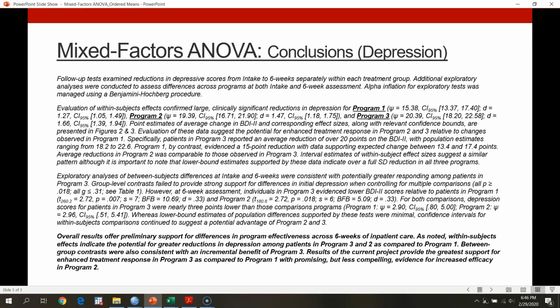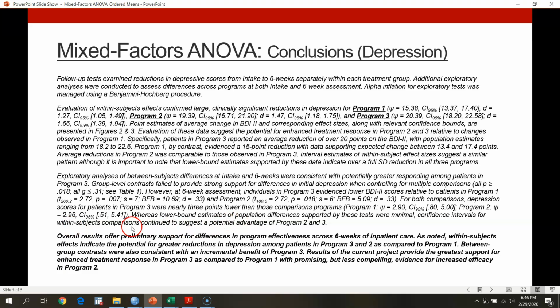But at 6 weeks, we did see some evidence of lower symptoms at the conclusion of treatment in program 3 relative to program 1 and 2. But the magnitude of improvement, at least on a between subjects factor, may be less impressive here.